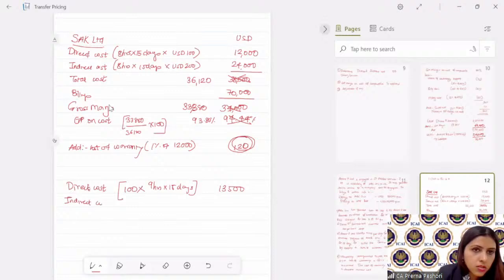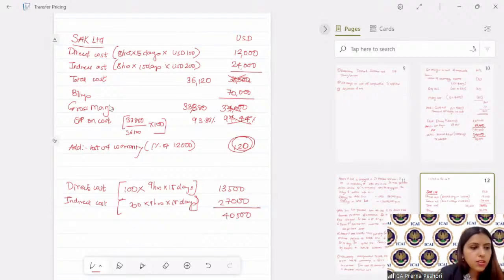Indirect cost is going to be 200 into 9 hours into 15 days. This is going to be 27,000. So my total cost will be 40,500.